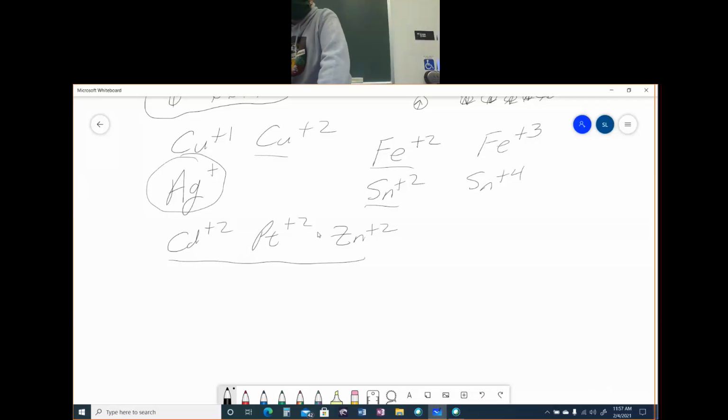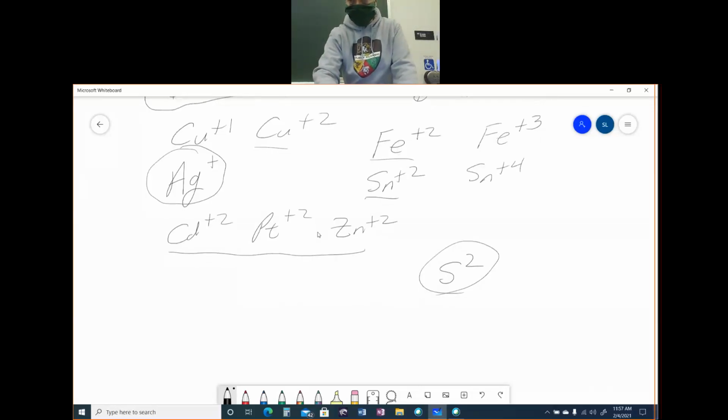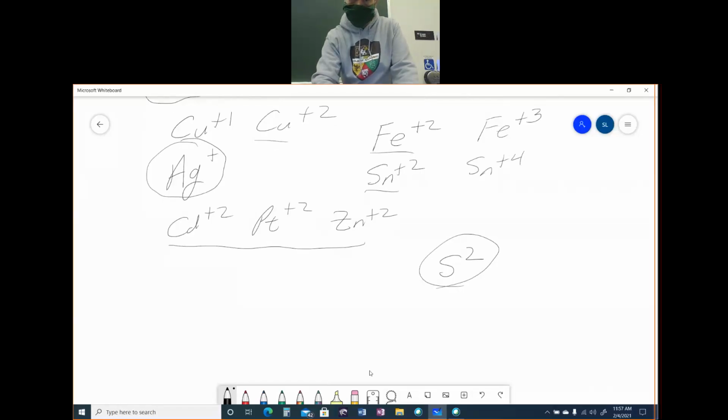All right, and the reason for that is you have an S2 all the time for all of those things. So if you do the electron configuration, there is an S2. Both of those electrons have a very low effective nuclear charge. And so it is easy to remove both of those S electrons. And so you have a lot of very stable plus 2s. Now note that silver does not, although your copper does.